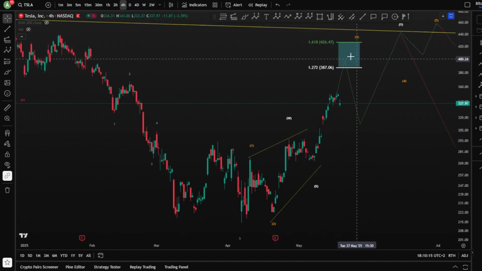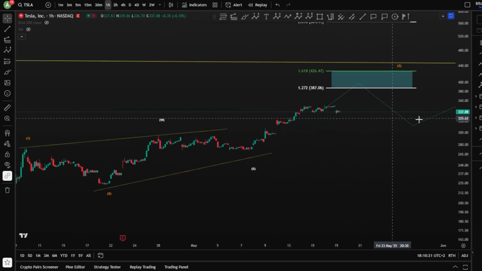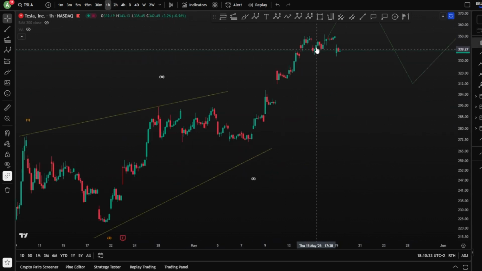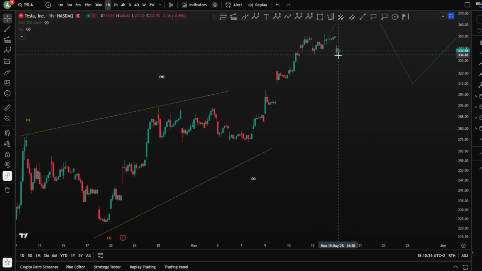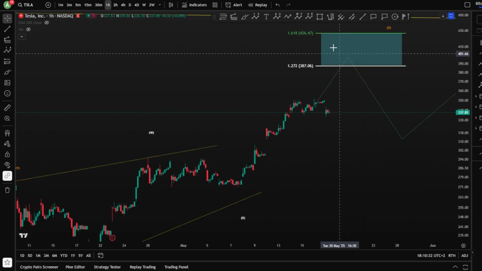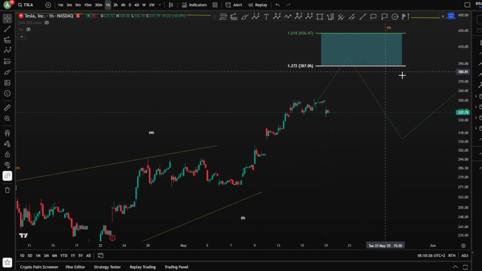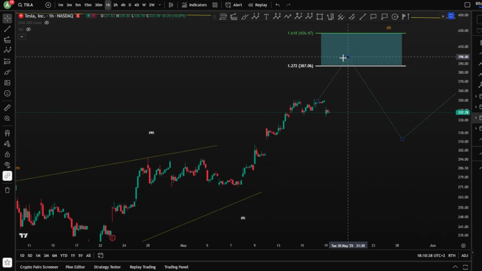Yeah, I'm still looking for the blue box, by the way, despite the move today towards the downside on the lower time frame. This is very corrective here, and yeah, we took the low already, and I believe we will start to move for the next leg towards the blue box. So 387, 426 is potentially the next target.